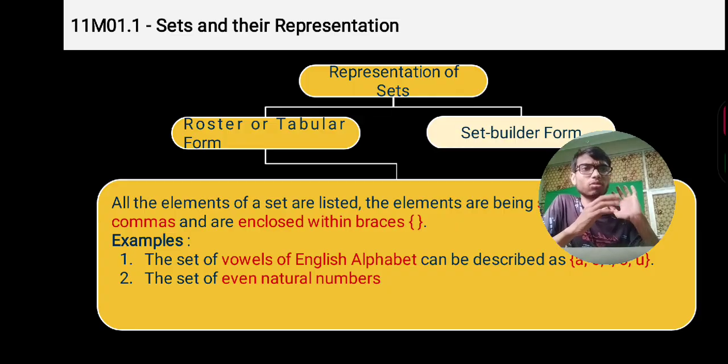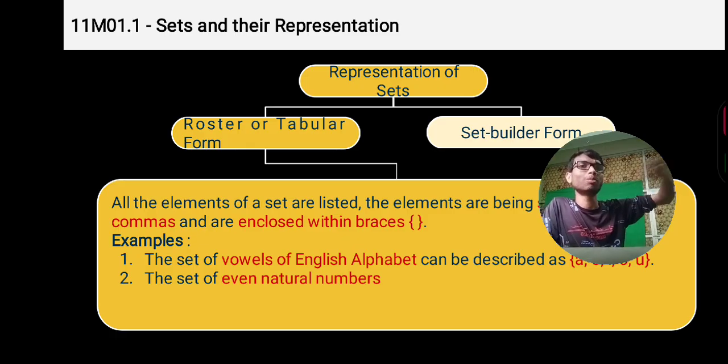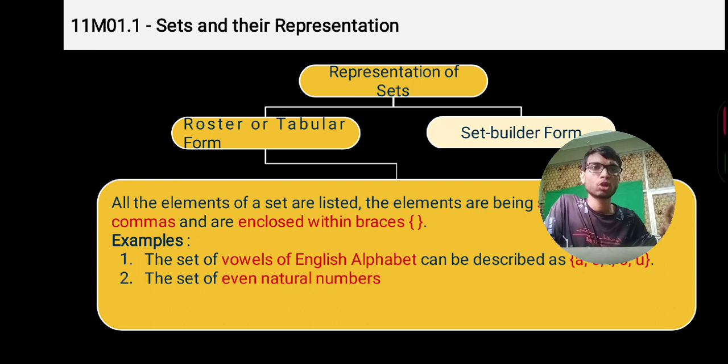So let's start from 2. 1 is odd. 2, 4, 6, 8, 10, 12, 14, 16, 18, 20, 22, 24. All these are even numbers, and it will keep going on till infinity. There is no end. So all these are what? Natural numbers, even natural numbers.